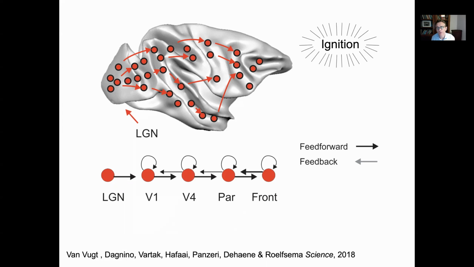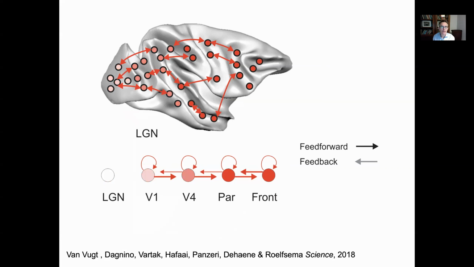And I'll say a few words about what ignition probably means in the brain later. And it definitely requires recurrent interactions, so feed-forward and feedback connections, that can uphold a representation of the stimulus even if it's no longer there.